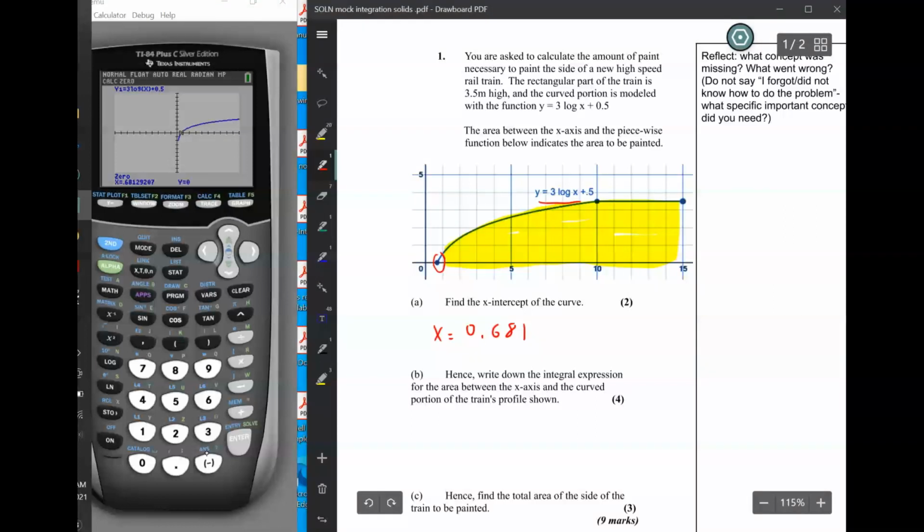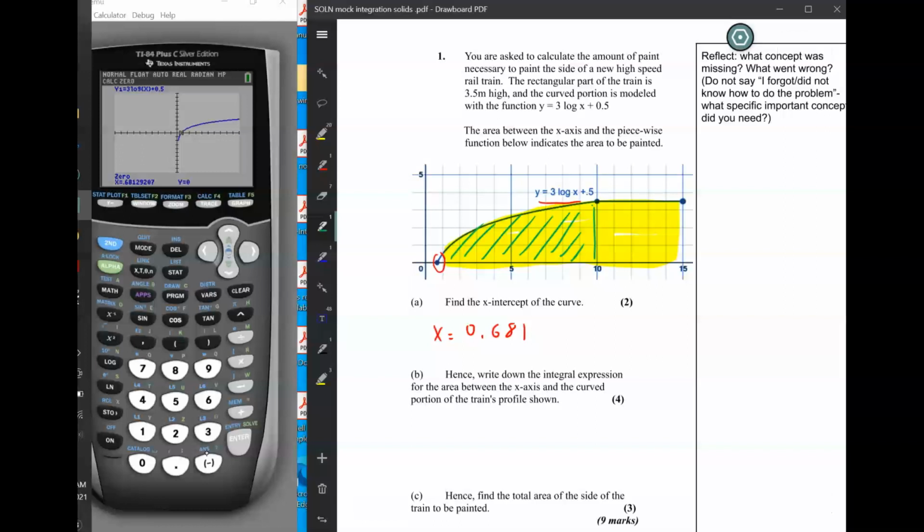Okay. And then part B says, write down the integral expression for the area between the x-axis and the curved portion. So what that is talking about is just this section here, right? Just the green shaded part is the part that's between the x-axis and the curved portion. I'm ignoring the rectangular part.